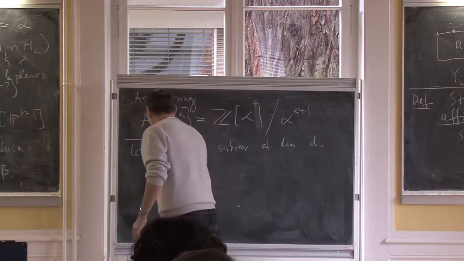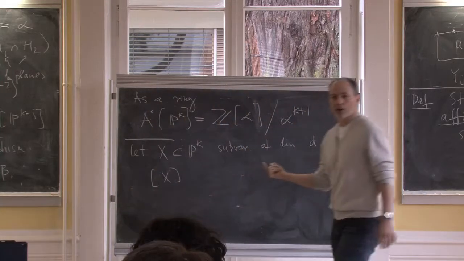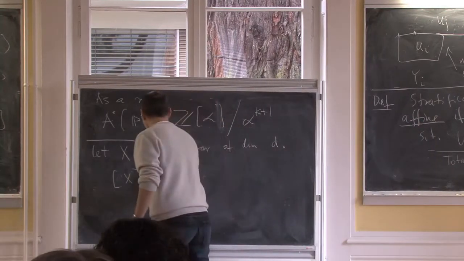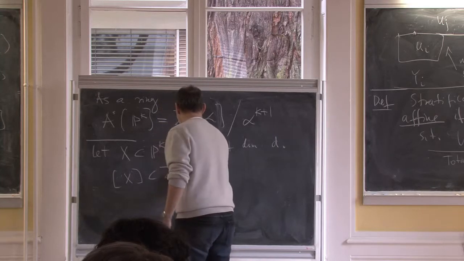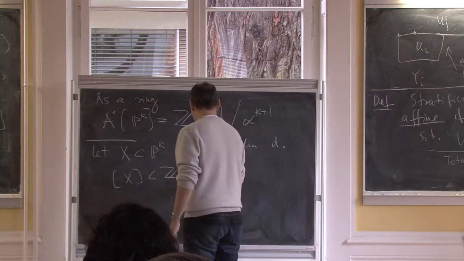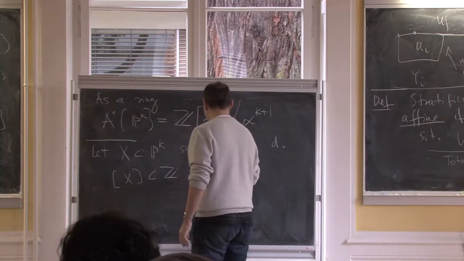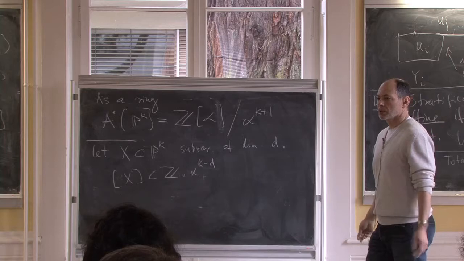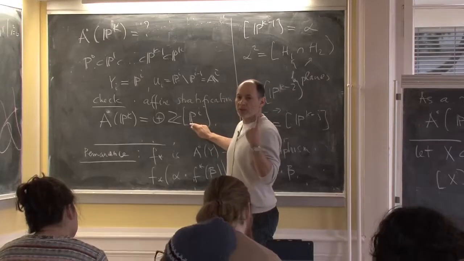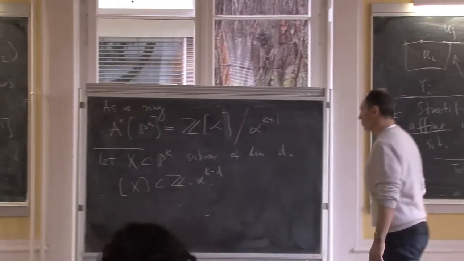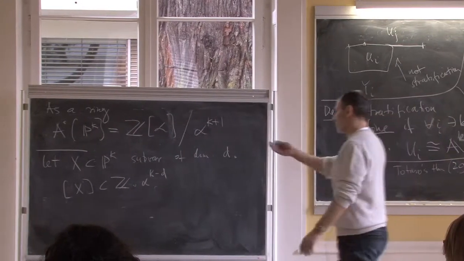Then you remember X, by definition, is a class in the Chow group of the correct dimension. It's going to be in Z times alpha to the power k minus d, because in each dimension this Chow group is one-dimensional. So it has to be Z times that generator. And it's the codimension when you take products that appears here. This is sort of the Poincare dual.